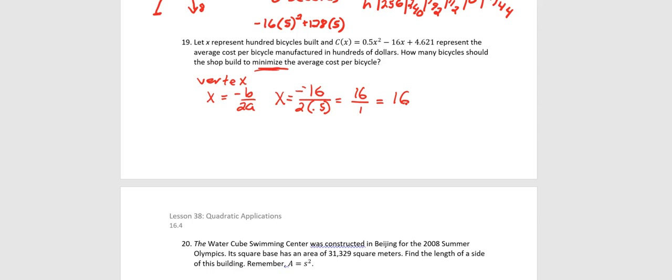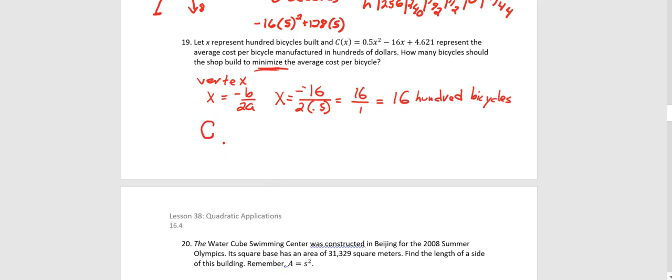Once I have the X value, remember X is standing for hundreds of bicycles, so we're making 1,600 bicycles. Now I'm going to take that value and substitute it in the equation.